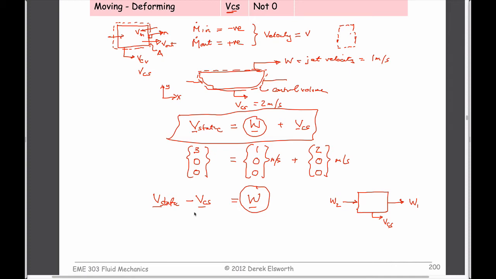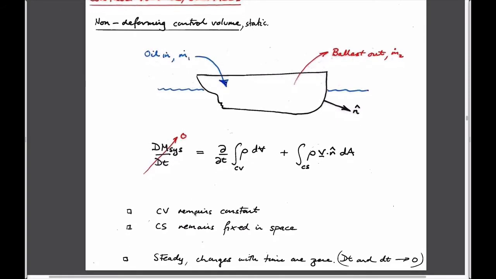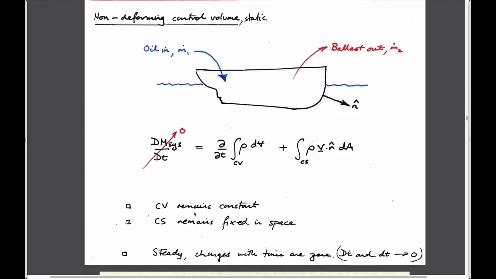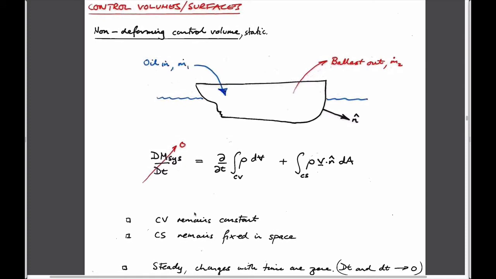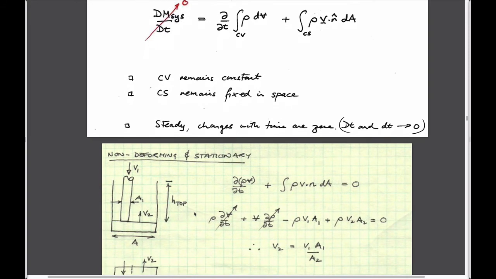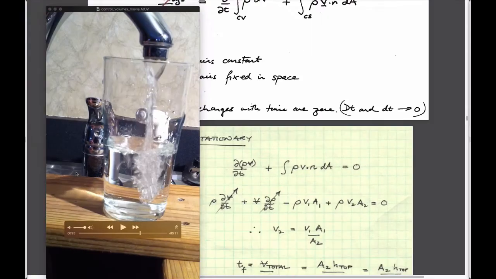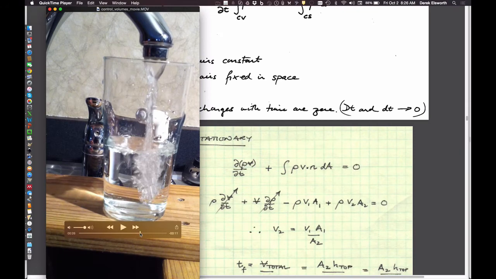Okay. All right, so I think that's kind of the discussion that we've had here. So we'll do 3 cases, the 3 cases we talked about. Static non-deforming, moving non-deforming, and moving deforming in different regards. And so one way to look at that behavior is in terms of this movie.